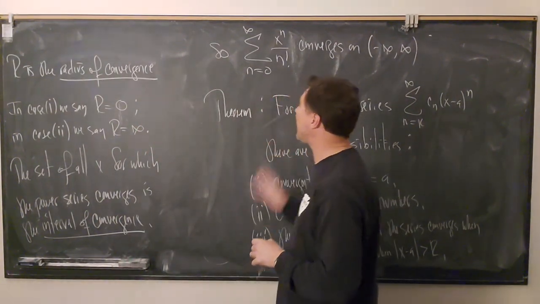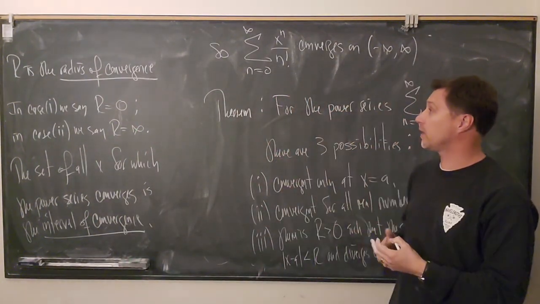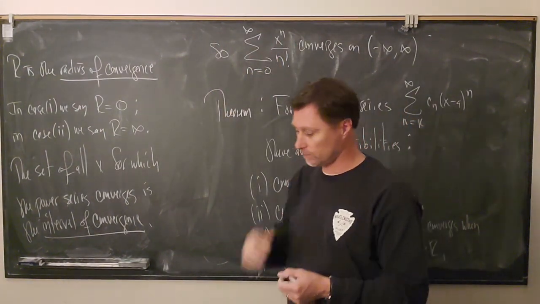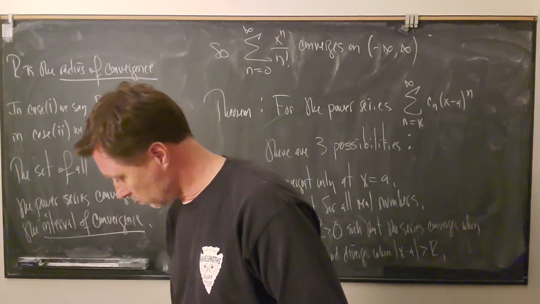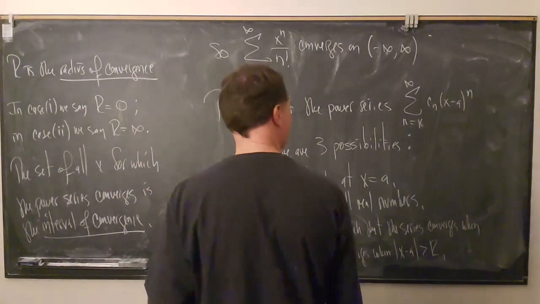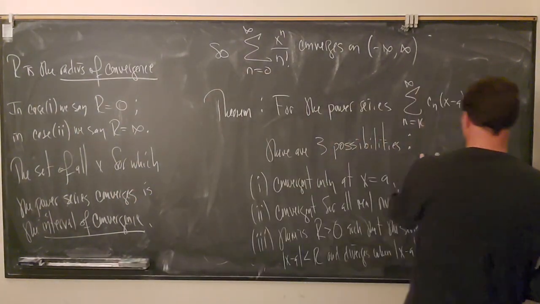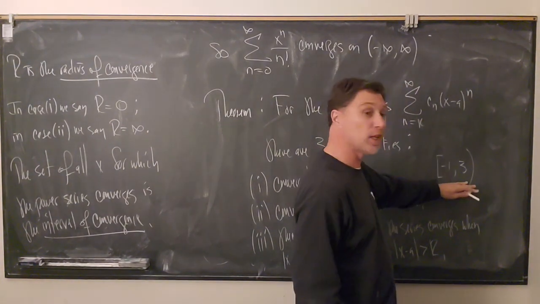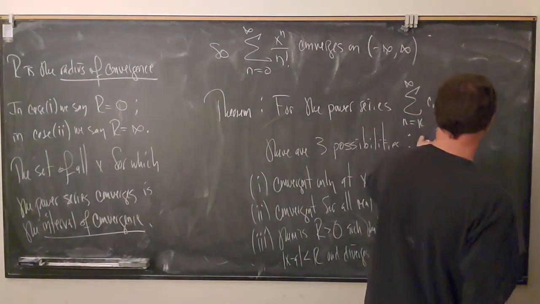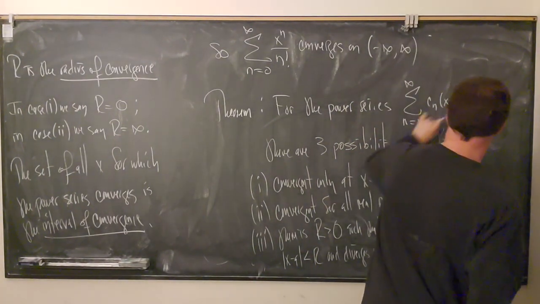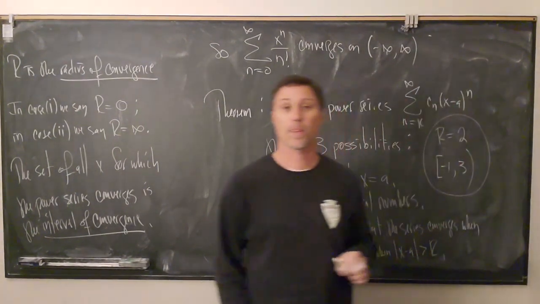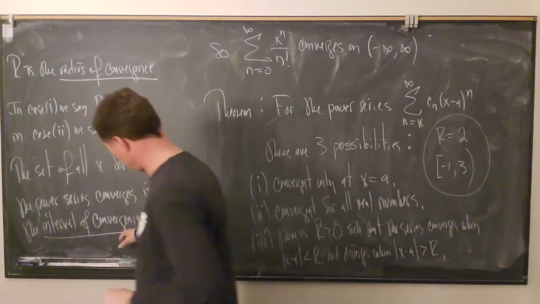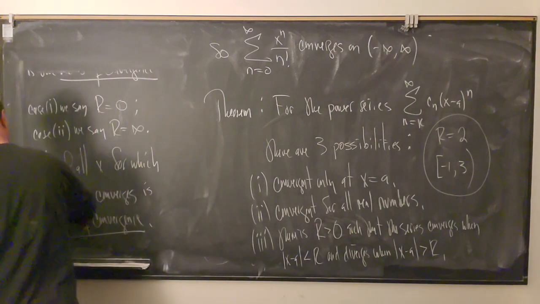So for any power series, there are these two things: the associated radius of convergence and the interval of convergence. In that last example I did where I got -1 to 3, that is the interval of convergence, and the radius of convergence in that previous example is r equals 2. So let's try a couple examples now.